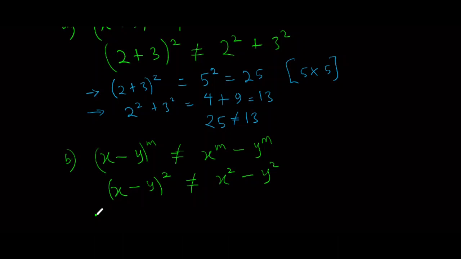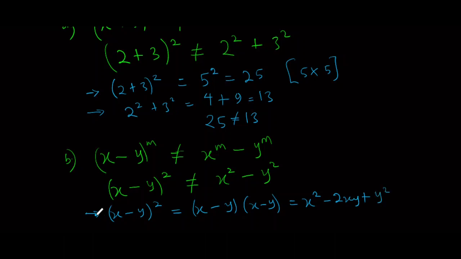Let's take a look at it. The first one, x minus y raised power 2, simply means we are having the function x minus y in two places, and that we can simplify by opening the bracket. Feel free to pause the video and try opening the bracket. We obtain x square minus 2xy plus y square.